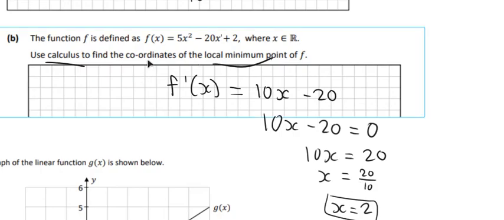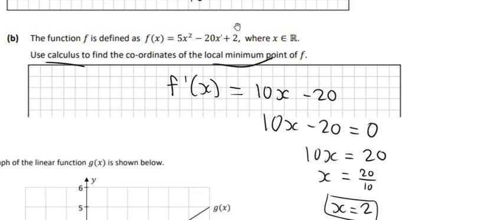So we've to find the coordinates of, we've to find both coordinates. So what's really going on here is there's a quadratic somewhere on the graph. We don't know where, but at a local minimum, the dy dx, or the differential, has to be 0, because that's the slope of the tangent, and the tangent has to be 0 there.